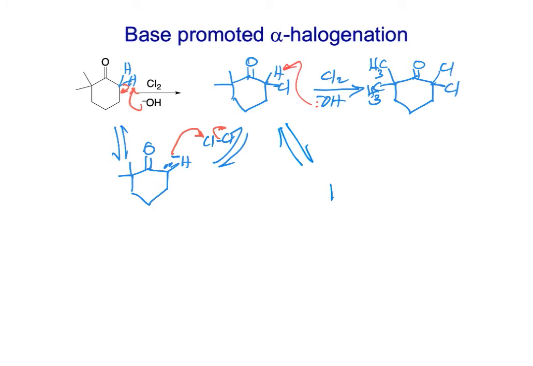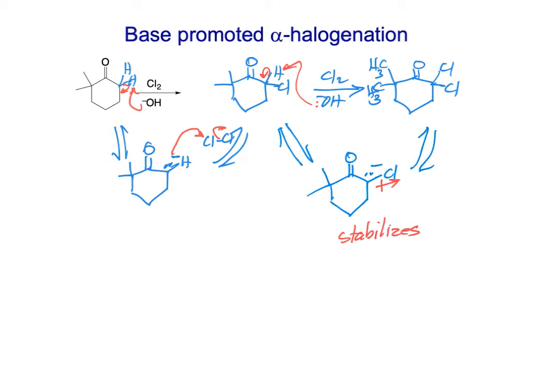Removal of the proton at the alpha position forms another enolate. But in this case, the chlorine pulls electron density away from the anion, stabilizing this anion. Therefore, the reaction wants to react another time.